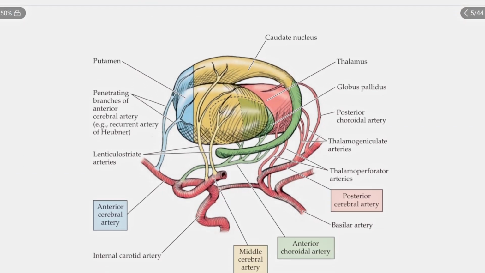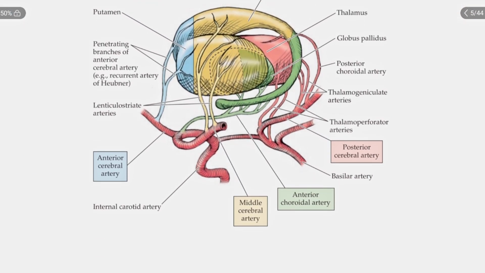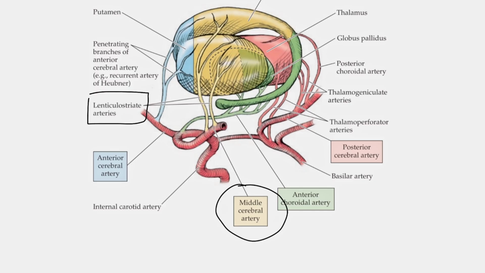Now, one more thing I want to tell you is that there are a few deep arteries, like from the middle cerebral artery, you have the lenticulostriate arteries. The lenticulostriate arteries supply the internal capsule, and you also need to remember the thalamoperforator arteries and also the thalamogeniculate arteries.